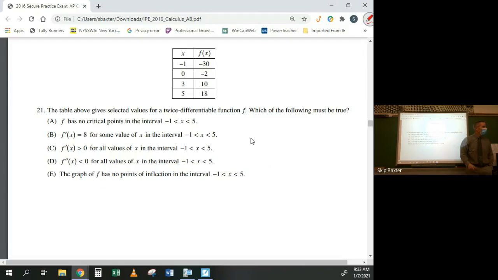Raise your hand if you think it's C. All right, who thinks it's something else? Raise your hand if you think it's B. Seems like a lot of people. So who could tell me why they think it's B?